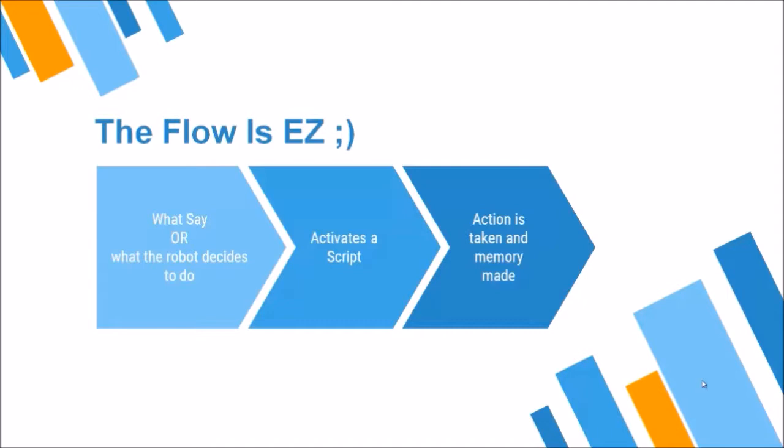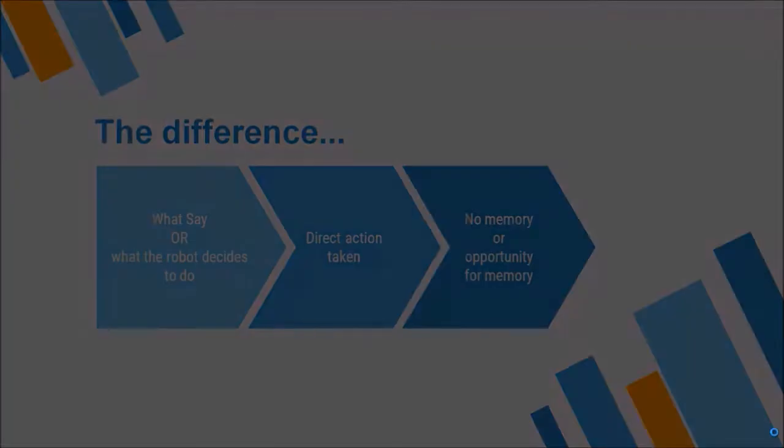Now the flow of it is easy. What you say or what the robot decides to do will activate a script, and then action is taken, and the memory is made. The difference is what you say or what the robot decides to do is direct action taken, no memory or opportunity for the memory.